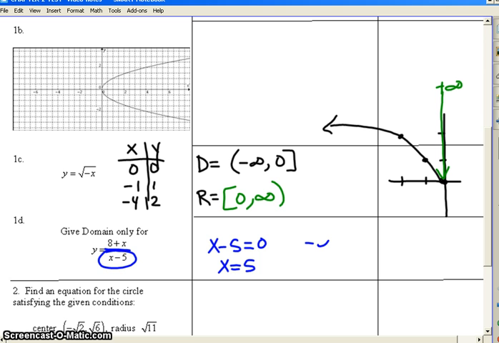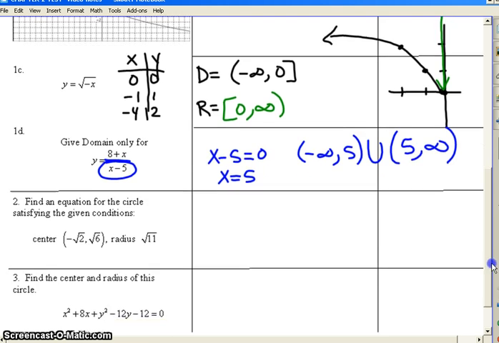So from -infinity until we get to +5, notice I'm going to put parentheses instead of a bracket because I don't want it to be equal to 5. Then we're going to skip over 5 and go from 5 to positive infinity. All of those numbers will work for the domain.